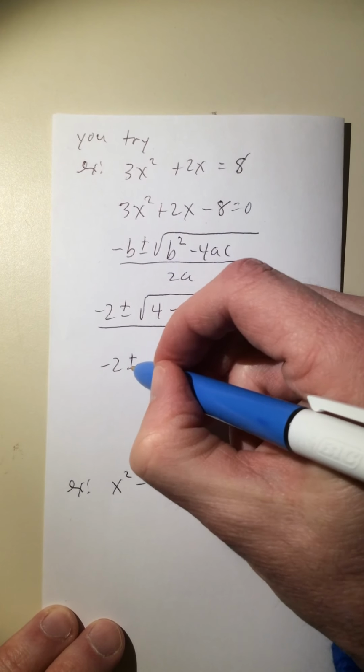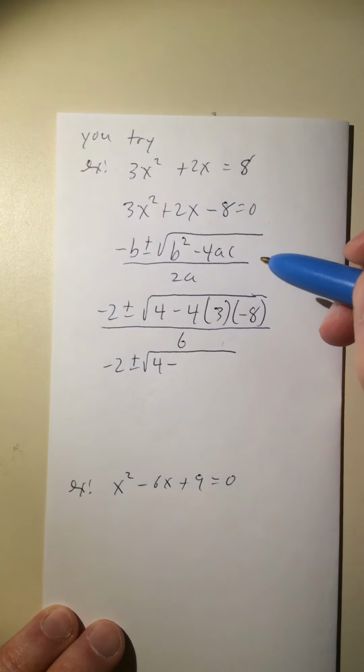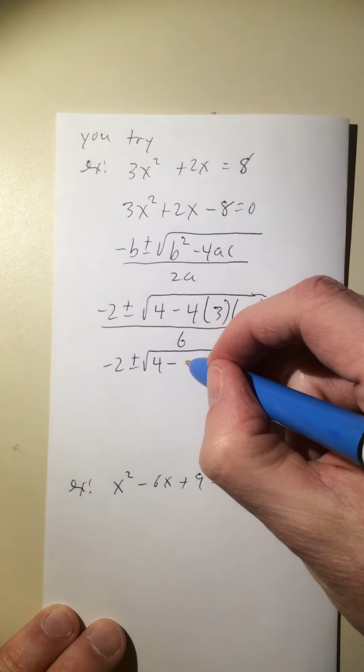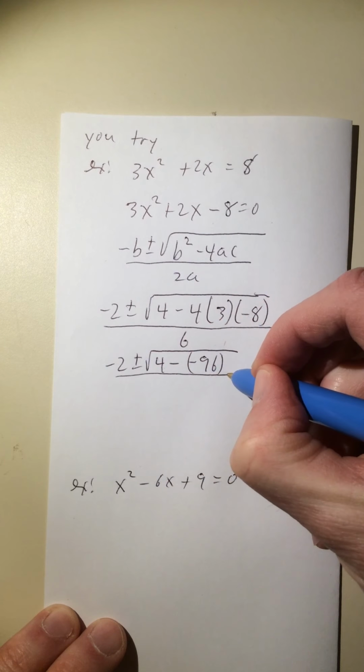So negative 2 plus or minus the square root of, so we got 4 minus 4 times 3 is 12, and 12 times negative 8 is negative 96, minus 96, all of that over 6.